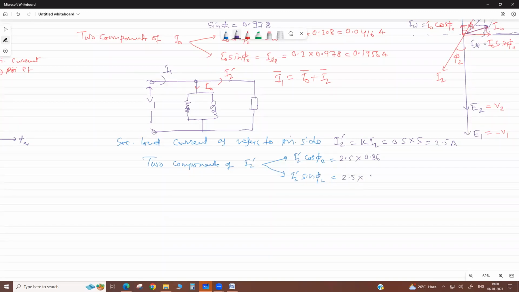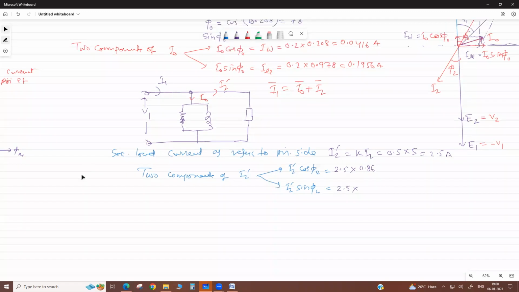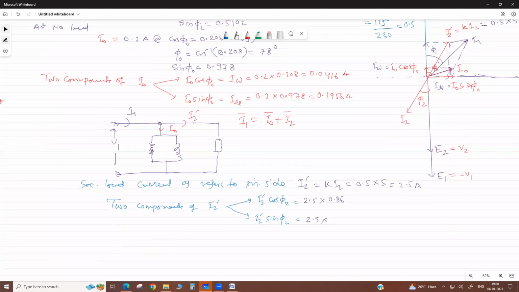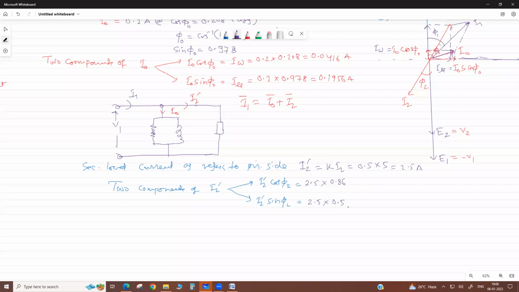Here it is 2.5 into the power factor cos phi2, and sin phi2 is 0.5102. What will these values come to? 2.15 ampere, and this is 1.275. Okay.